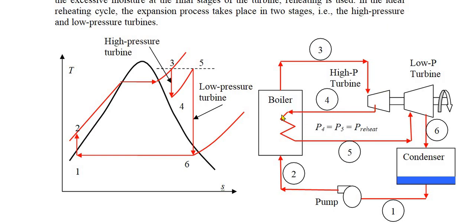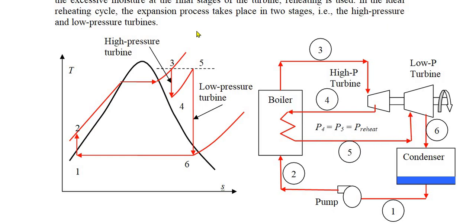Now we are increasing the temperature by maintaining the pressure constant. Got it? The pressure drop takes place from 3 to 4, but at point 4 we maintain the pressure constant while increasing the temperature to the original temperature at which the steam entered the high pressure turbine. Means again while passing through the superheater, or we can call it the reheater, the steam temperature is increased.